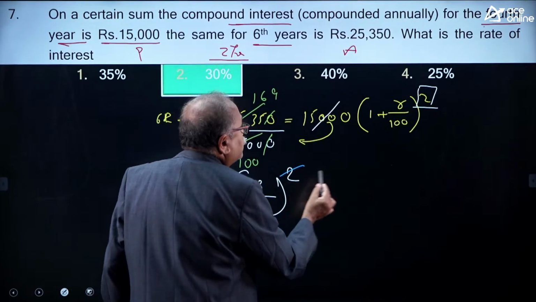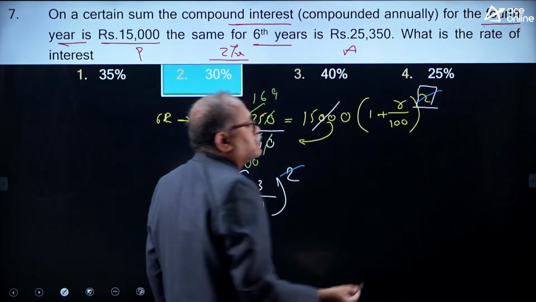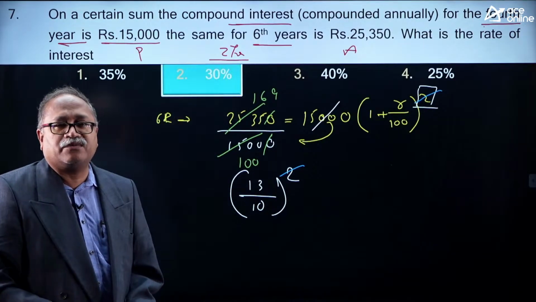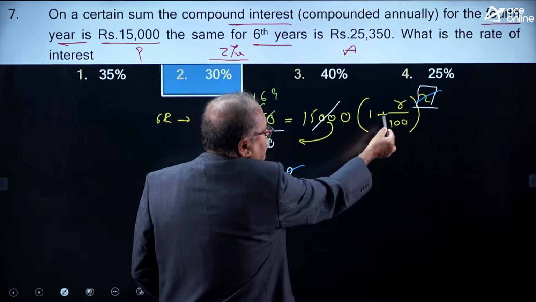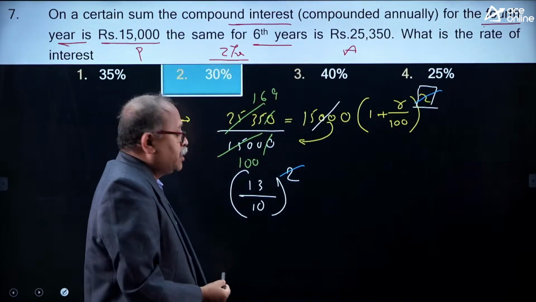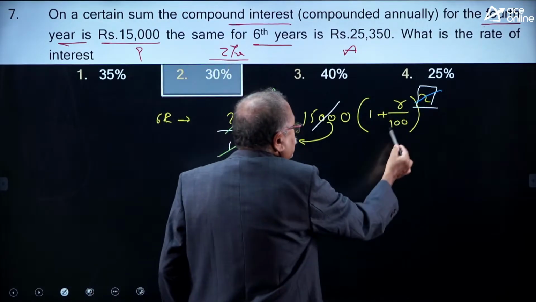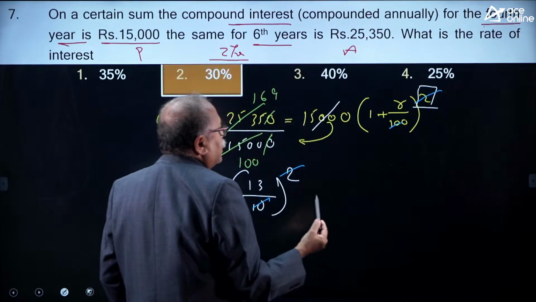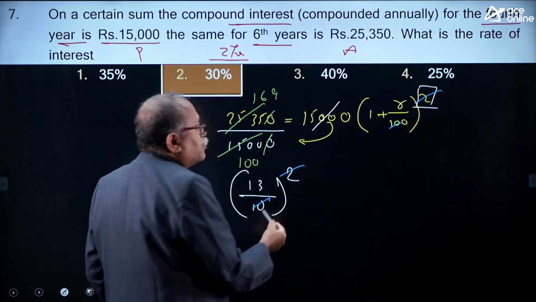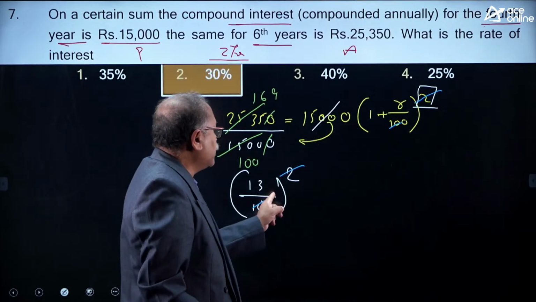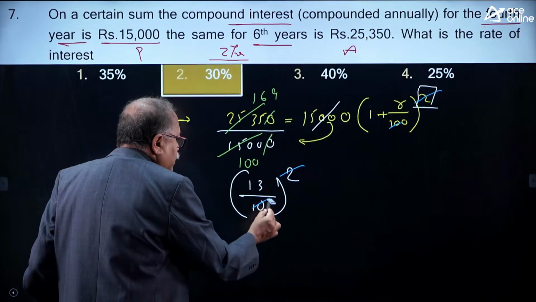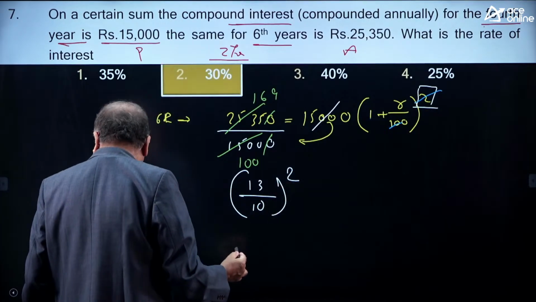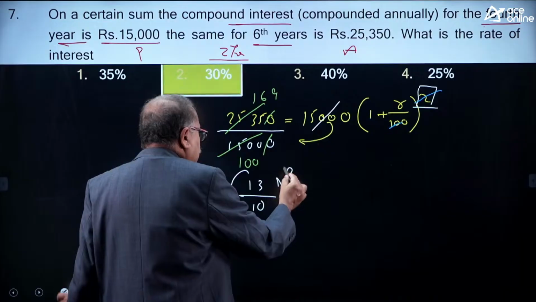So, I appreciate your accuracy. I am not testing your knowledge, because these are the basic fundamental questions. So, here 13 by 10 is equal to 1 plus R by 100. Now, with 10 this gets cancelled, no, 1 minute. So, the 1 will come over here, the plus 1 will become minus 1, and once the plus 1 becomes minus 1, this anyhow gets cancelled.